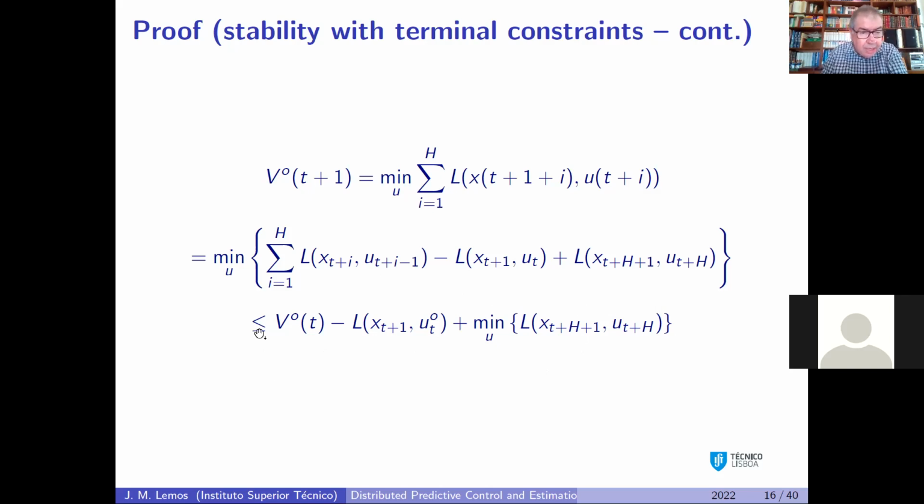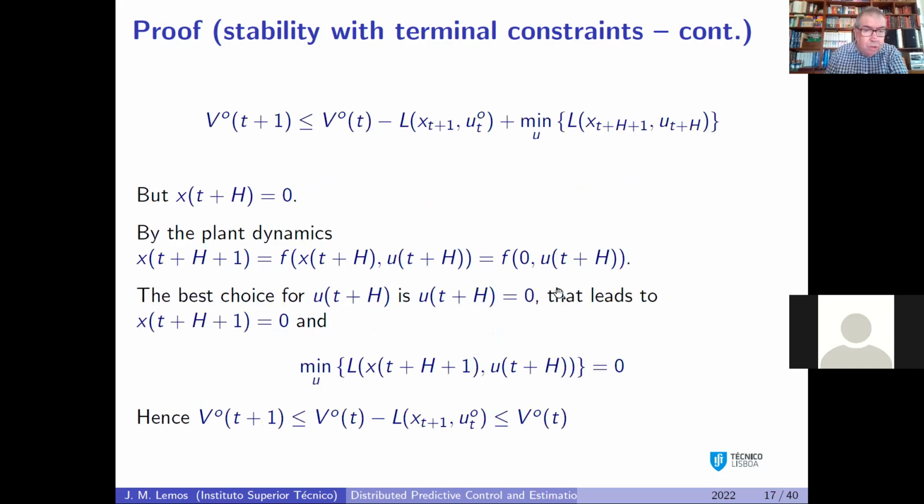So I put here, instead of an equality, an inequality because this term would be bigger, perhaps bigger, I'm not sure, but it will certainly not be less, it will probably be bigger than this term, than the optimal that would result from optimizing everything.